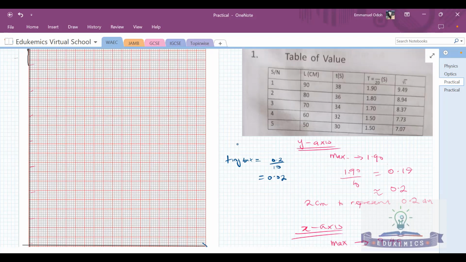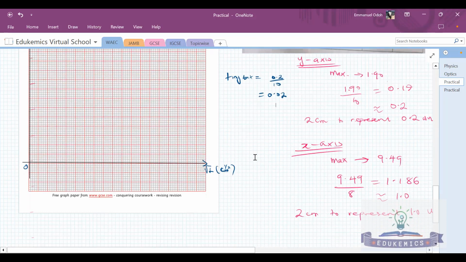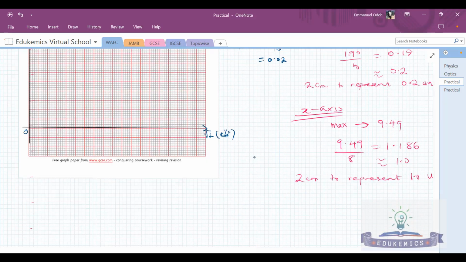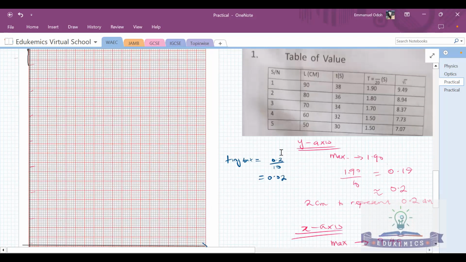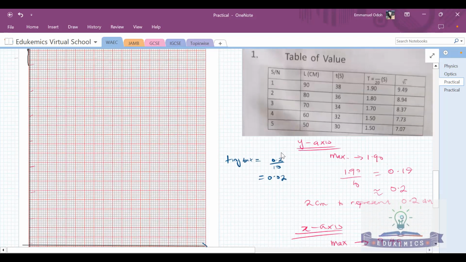And for the x-axis, the same thing, we divide 2 by 10. So the tiny box will be 1.0 divided by 10, 0.1. So that means the tiniest box is this. And to get the actual point, let's get the number of boxes.